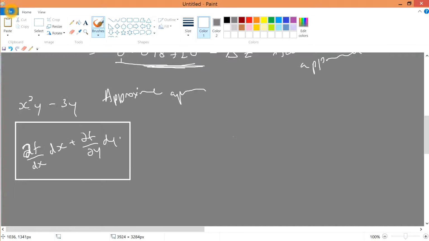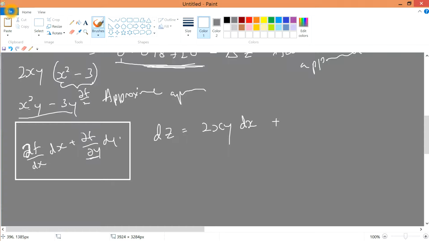Therefore dz is equal to, I have to take the partial of the function in terms of x. If I do that, I will have 2xy dx, plus partial f partial y, which is x squared minus 3.